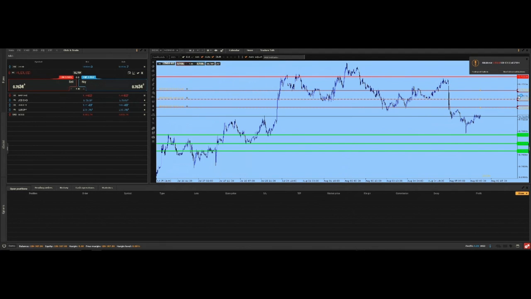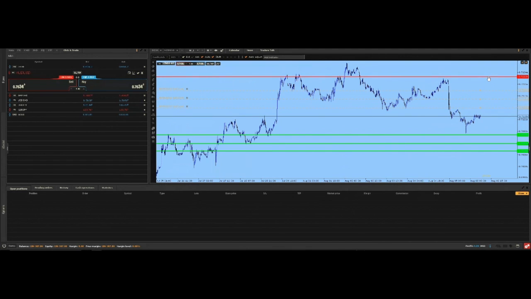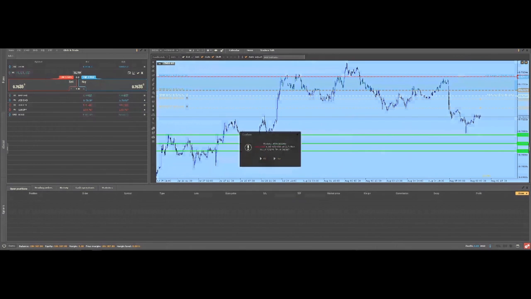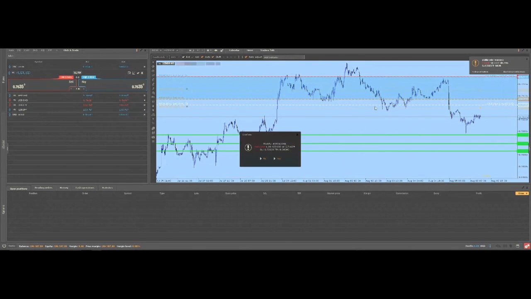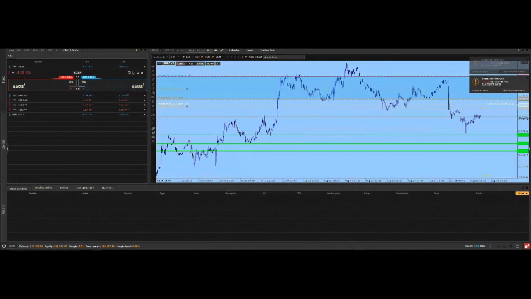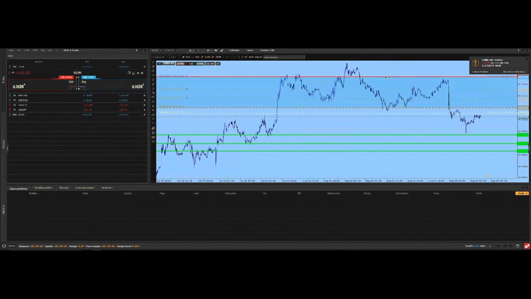Then we come in and clean out our horizontal lines, so we like to keep the chart nice and clean. Now we simply come in here, drag our stop loss right to this area, click our sell limit, drag our stop loss right to this area, click OK, and do the same for the third.